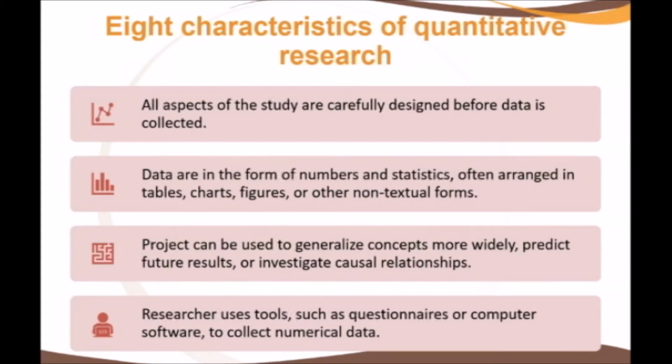In experimental study designs, yes, we can establish causal relationships, but we'll get into that as we get along. So in quantitative research methods, we use tools such as questionnaires or computer software to collect numerical data.